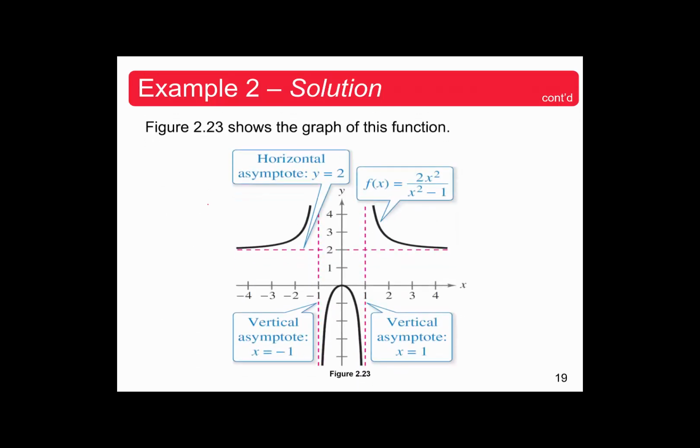If you look at the graph, according to what we found, x equal to plus or minus 1 are the vertical asymptotes, and this is what the graph looks like.